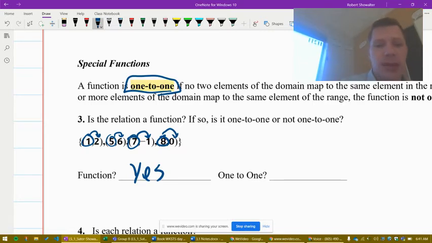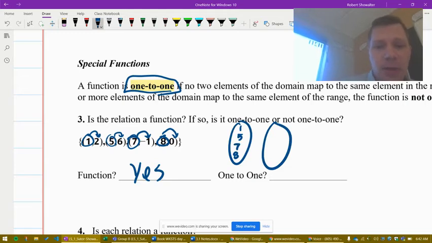Is it one-to-one? Meaning, for each one of these, are the outputs mapped to only one thing? We can draw a mapping of this. We can write down the x values in a bubble. We can write the y values in a bubble in numerical order too, because -1, 0, 2, 6, and we can map this.